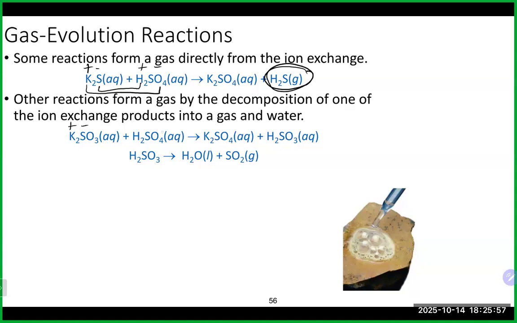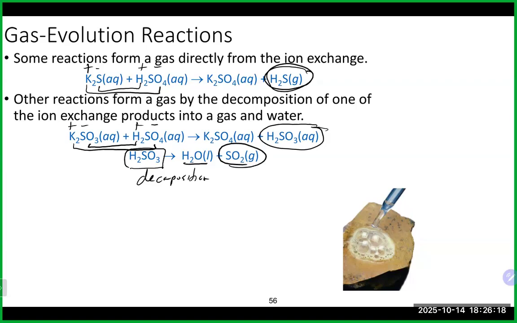If we take this and this, again, switching partners, we will form H2SO3, which is sulfurous acid. And sulfurous acid will then go through a decomposition reaction really quickly and will produce water and some sulfur dioxide gas. So it's a double displacement followed pretty quickly by a decomposition reaction.